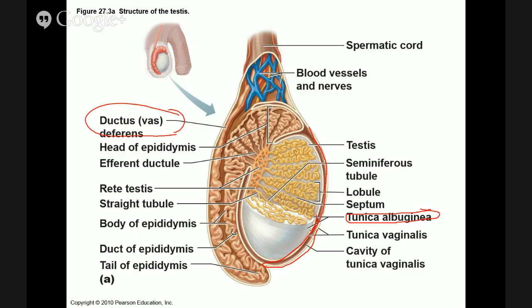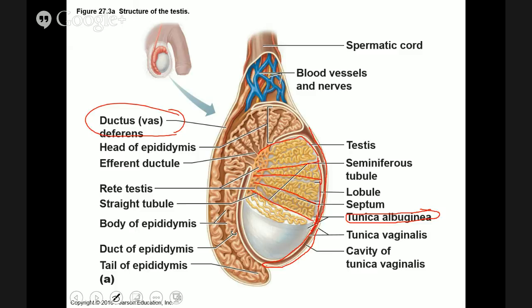The testes are divided up into smaller sections called lobules. There are several different lobules here, and these are networks of tubes. This is where the sperm are going to develop and mature.